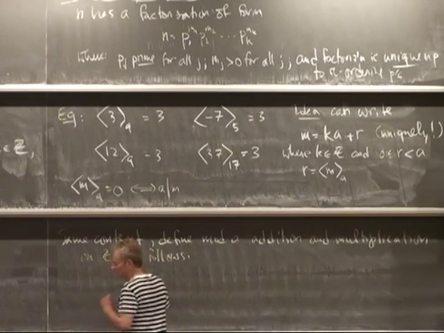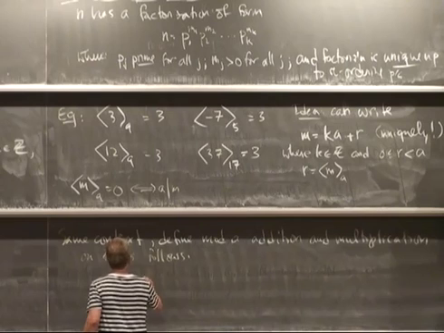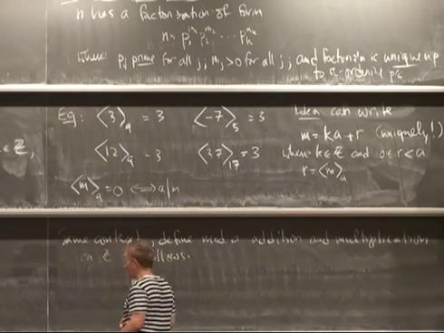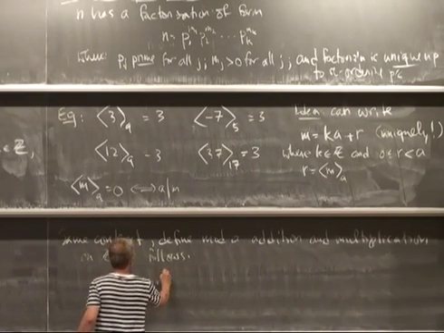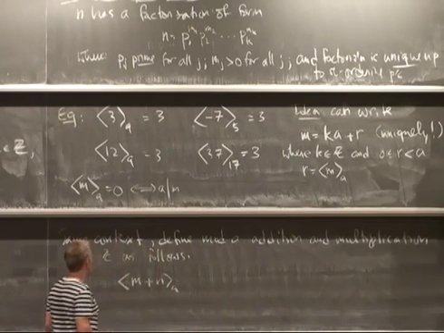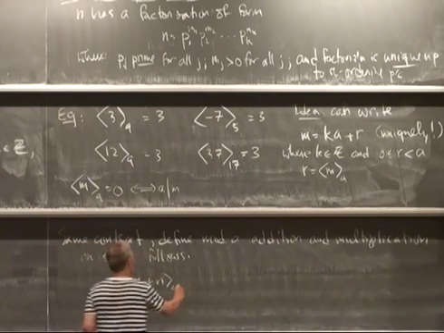If I have m and n, m plus n mod A is the mod A sum of m and n.